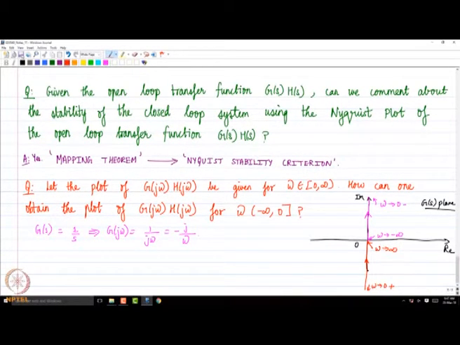So, kindly plot the first order factor that we looked at and then tell me what you will get when you have omega as a parameter which varies from minus infinity to plus infinity. That is something I am going to leave to you as homework, fine. When we meet in the next class, we will look at the mapping theorem and also discuss the Nyquist stability criteria.